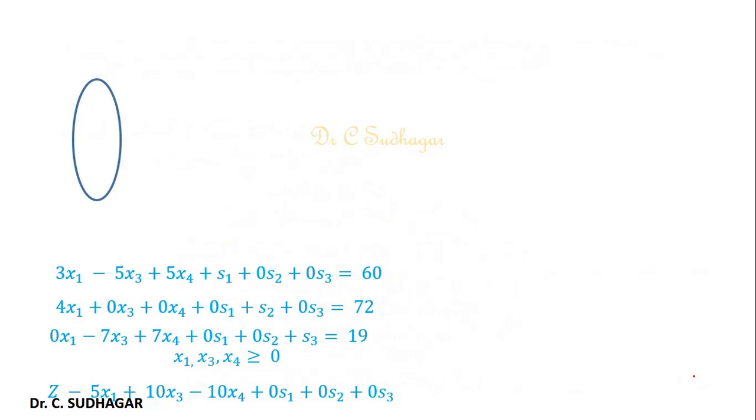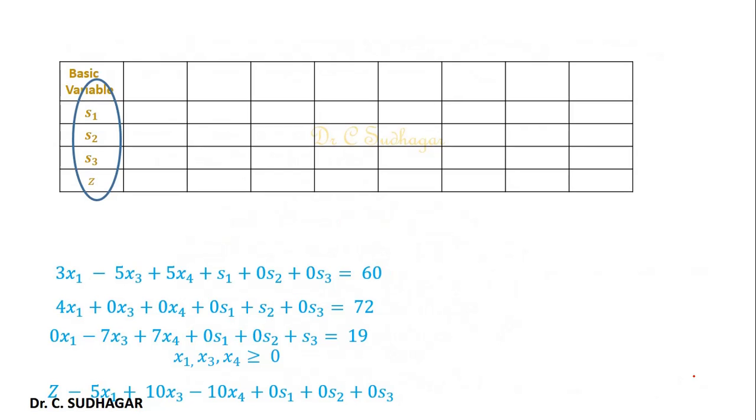Now we are going to start processing the solution. First we should put a table. In this table, always start with the slack variables s1, s2, s3, and z is the objective function variable. So these are the basic variables for us.